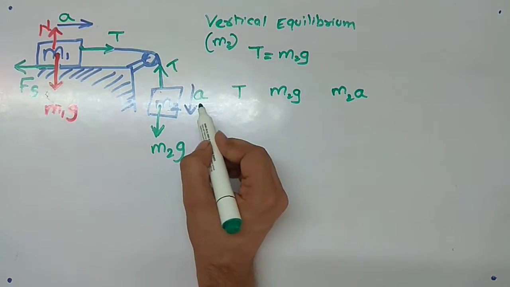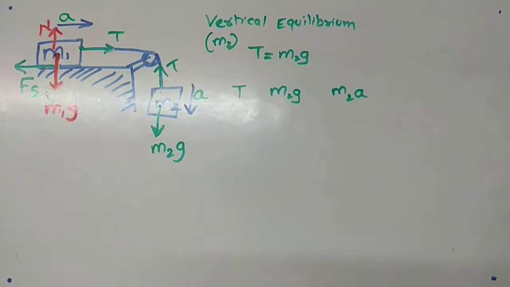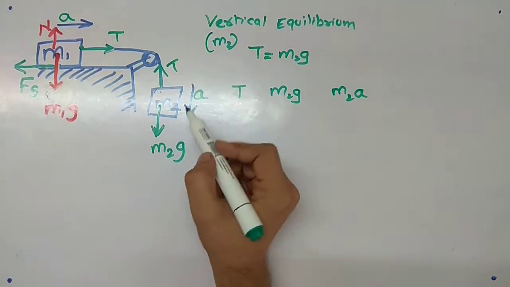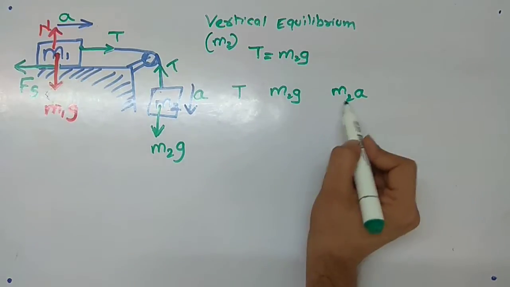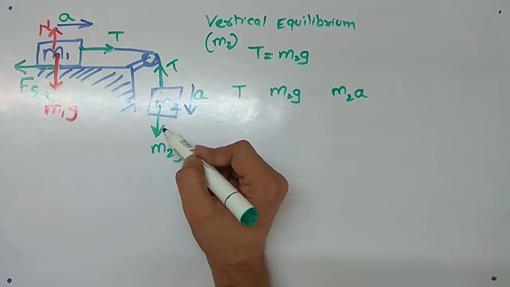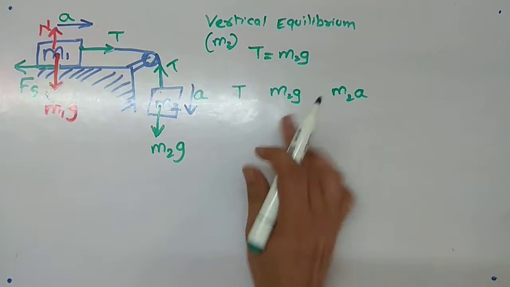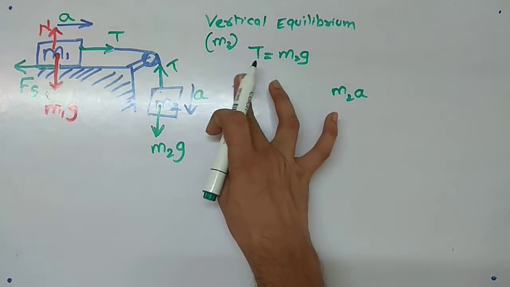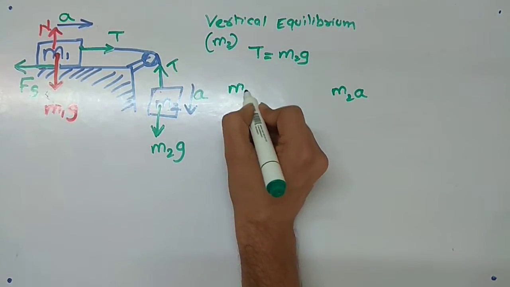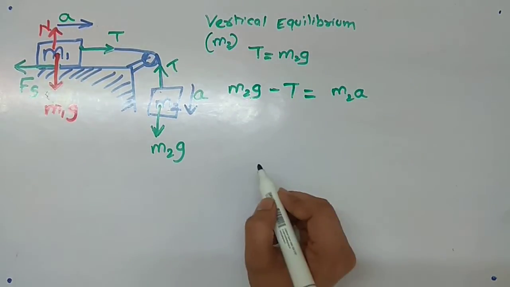I told you for force we have to multiply with mass. One more thing: if this object is moving downward, which force should be greater? Obviously the downward force should be greater. That's why the object is moving downward. So how are we going to write it here? m2g minus T equal to m2a.